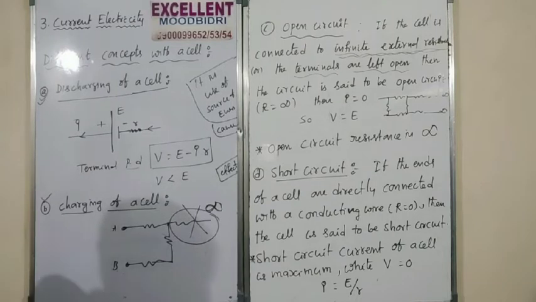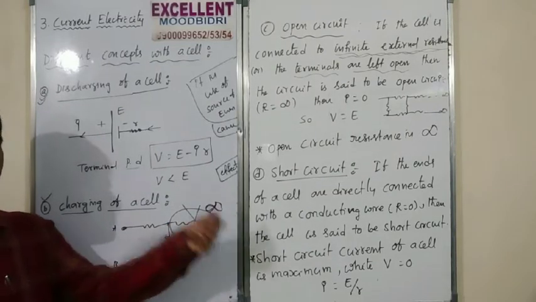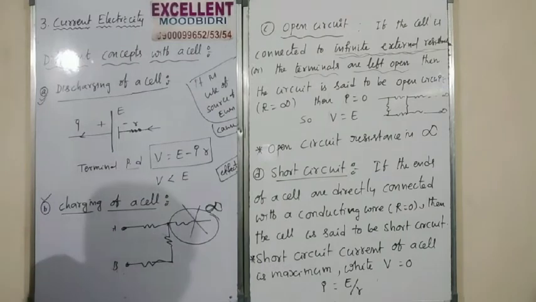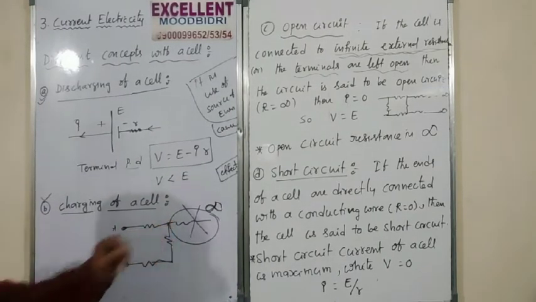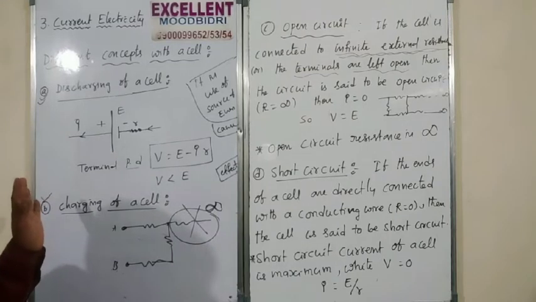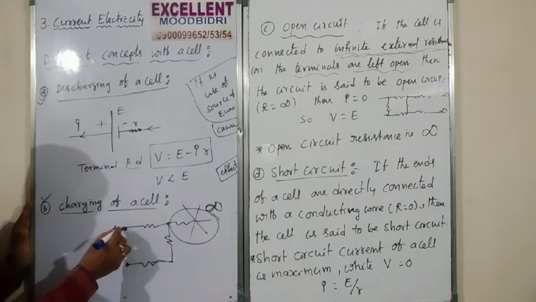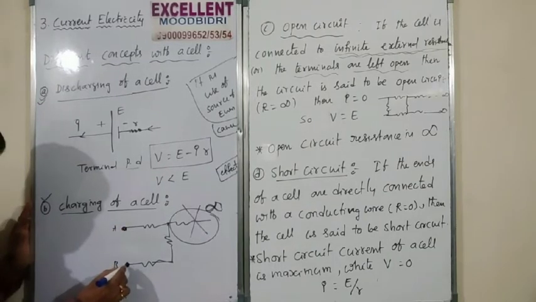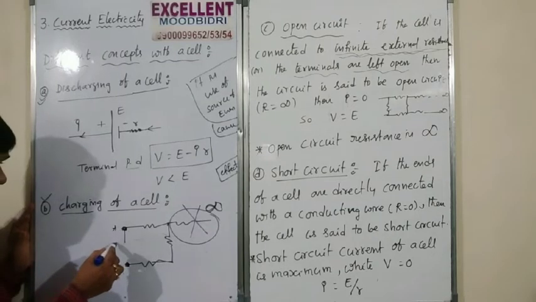Many circuits like that will come in exam problems. Open circuit: the terminal is open, so the resistance is infinity. If a symbol like that is there, it is not open, that is the closed circuit.